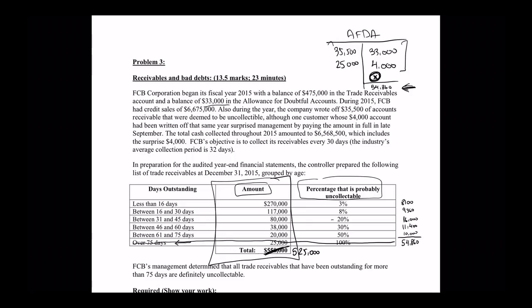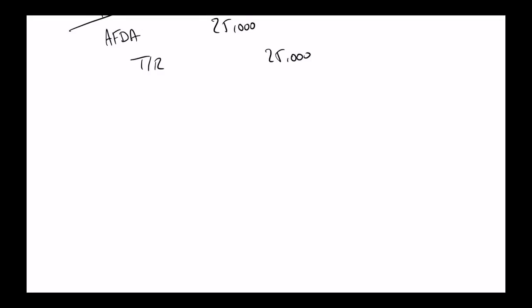So if you sum up everything here, we have 33,000 plus 4,000 less 35,500 less 25,000, and that will give us a balance of negative 23,500, or a credit balance of... a debit balance of 23,500. So we need to get from negative 23,500 to 54,860. So we'll record the journal entry for that.